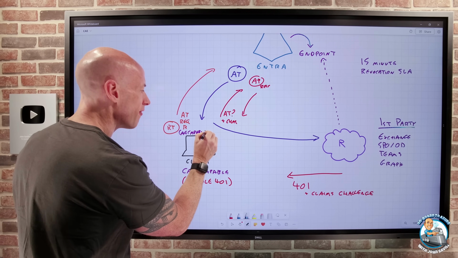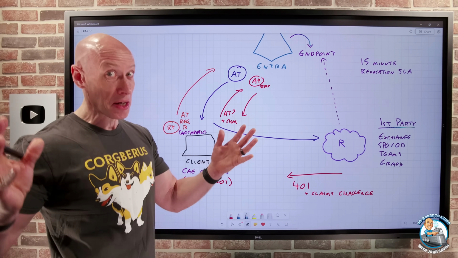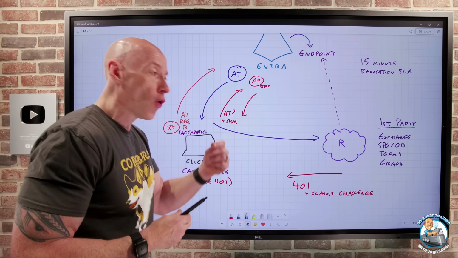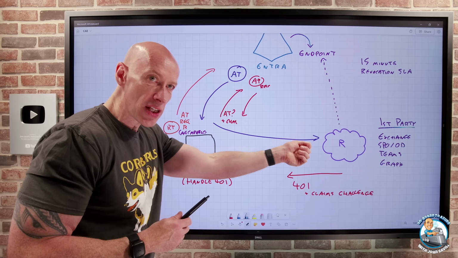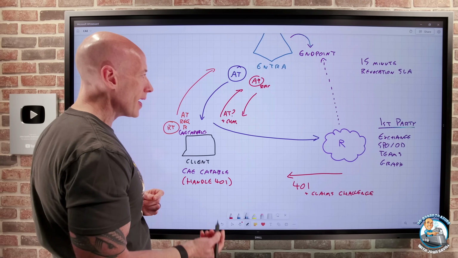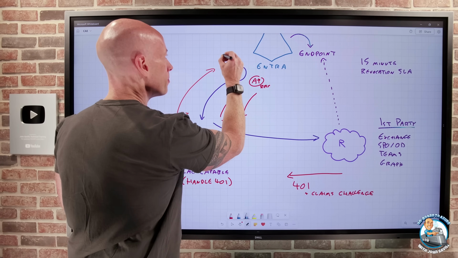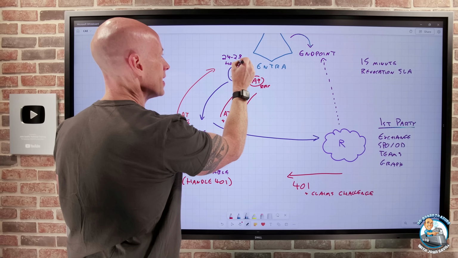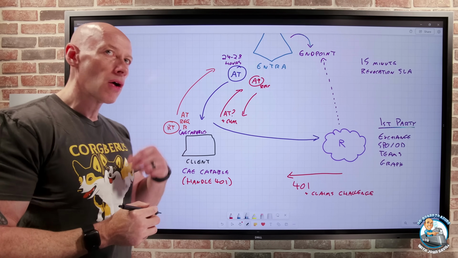Every single request says, I can do CAE. And so Entra, knowing that, and if it's for a CAE capable service, instead of this token being 1 hour, the token will actually be between 24 and 28 hours. It varies slightly, but the token is now long-lived.